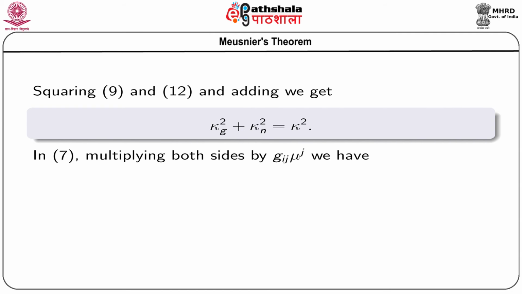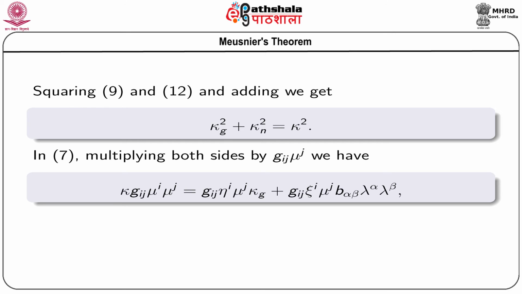In 7, if we multiply both sides by g_ij mu^j, then we get kappa g_ij mu^j equals g_ij eta^i mu^j kappa_g plus g_ij xi^i mu^j b_alpha beta lambda^alpha lambda^beta. From 7 we get this relation after multiplying by g_ij mu^j.